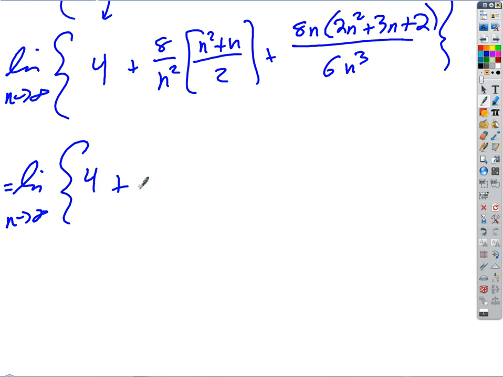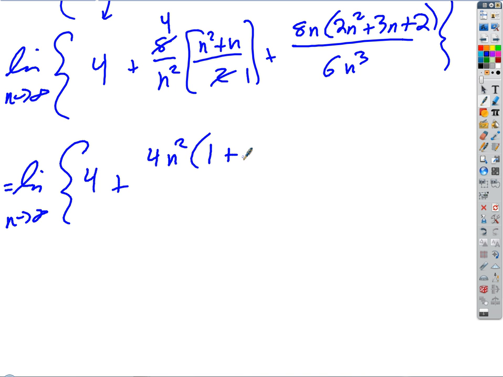4 plus. If I factor an n squared out of the top, I could cancel those and make that a 4, right? I end up with 4n squared times 1 plus, what am I left with here if I factor out an n squared? 1 over n, aren't I? Everybody see that?